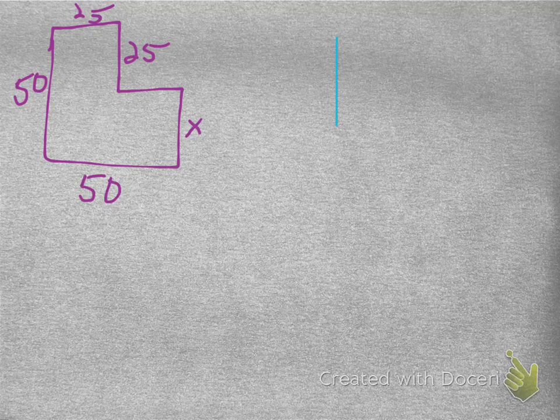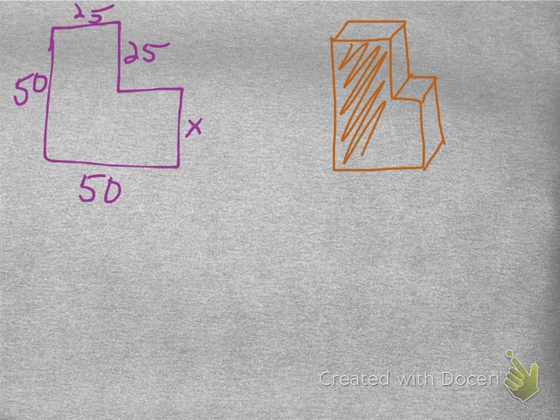If I'm looking at this shape and I want to make it into a prism, I'm just going to add that little third dimension, right? Everybody see that? Now we can find volume of that, right? So, if this is a prism, then this little L shape here is my base, right?